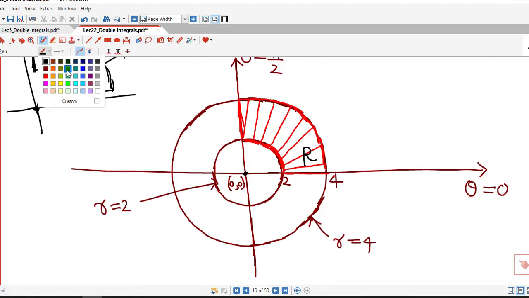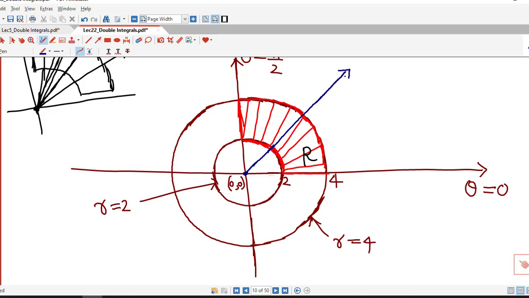We will remember that to determine the limits of integration for variable r, we will always consider a ray starting from the origin and passing through the region of integration. So this is a ray starting from the origin and passing through the region. Now on this ray, the variable theta becomes constant and the variable r is changing.